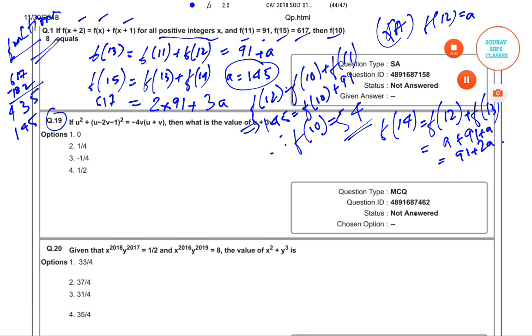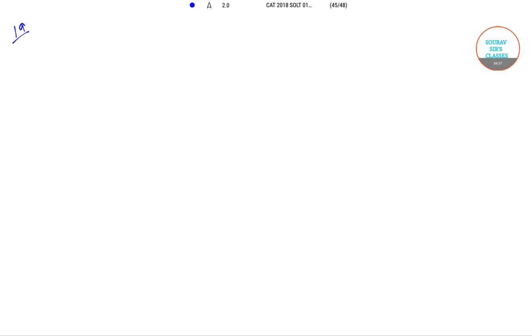In this question number 19, we have been given that u square plus u minus 2v minus 1 whole square is equal to minus 4v into u plus v.